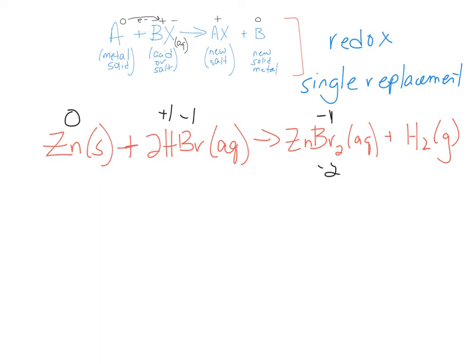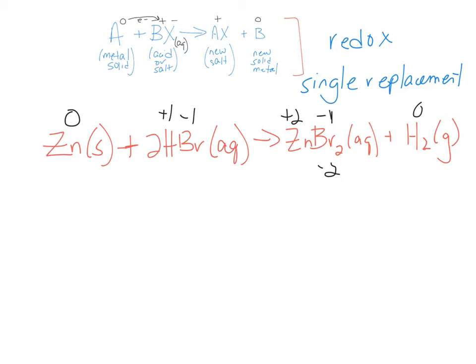Which means if the overall charge for this bromine, and I'm taking -1 for each bromine, but there are 2 of them, that's how I get the -2. If the total charge on the bromine is -2, then the total charge on the zinc has to be +2. Hydrogen gas over here, the hydrogen in its gaseous form is in its elemental form. It's not an ion, so this is going to have an oxidation number of 0.